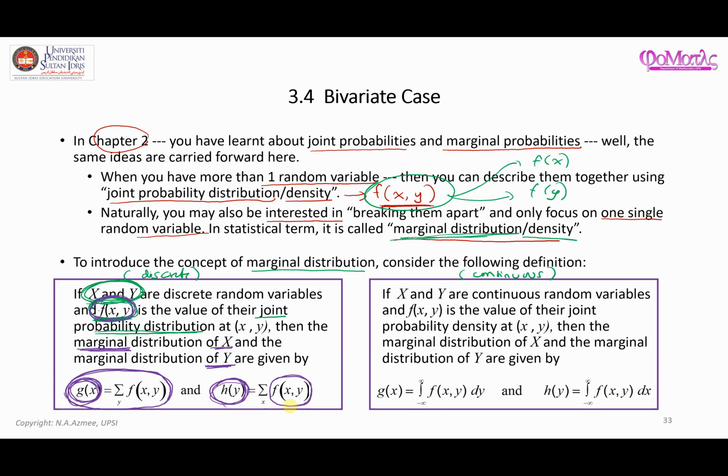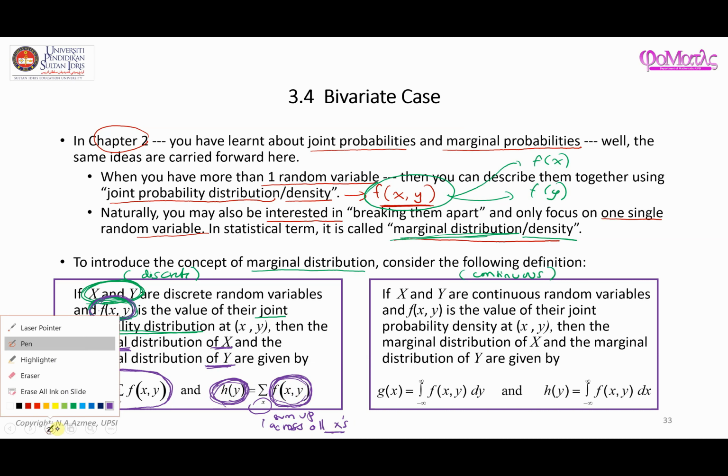So you're going to sum up all the values of this one across all x's. In order to get the marginal distribution for y, you sum up this value with respect to all x's.